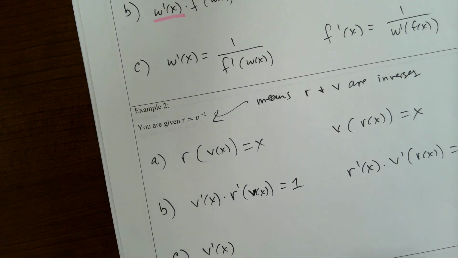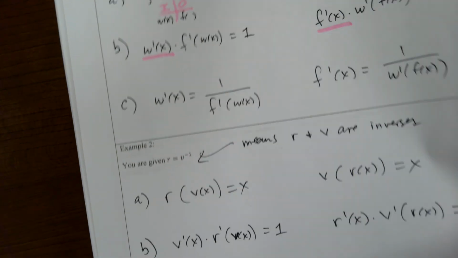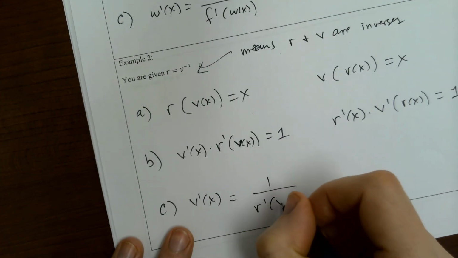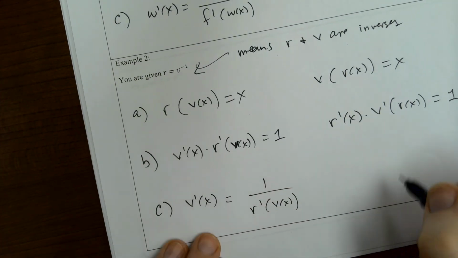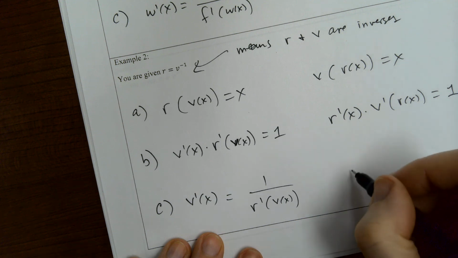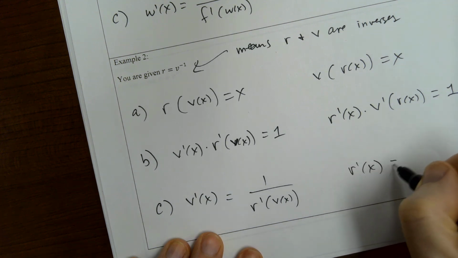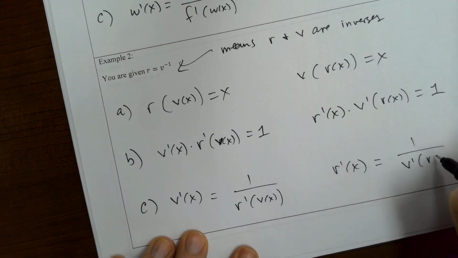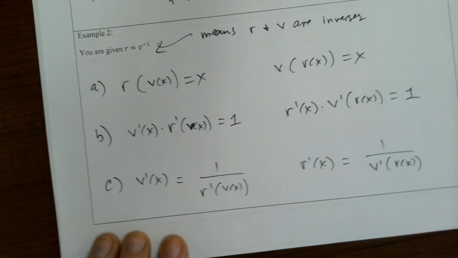So V prime of x is 1 over R prime of V of x, and then R prime of x is 1 over V prime of R of x. Okay, guys, that's it.